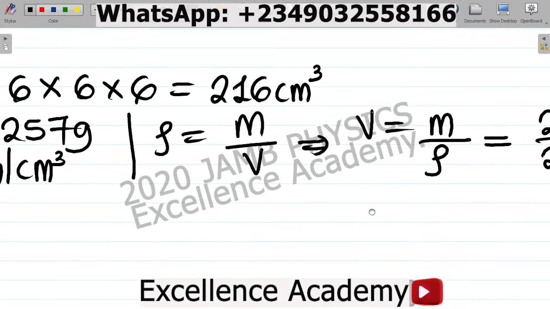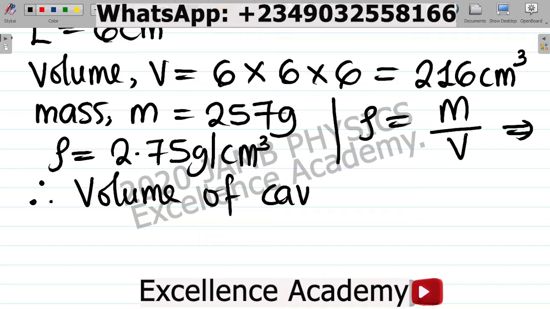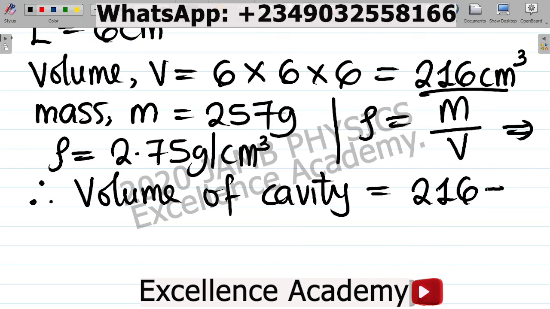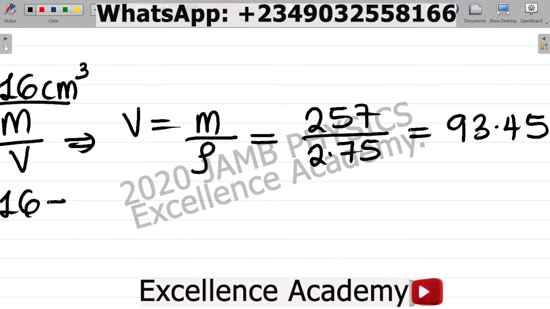All right, so with this we can say, therefore, the volume of the cavity is equal to 216, which is the original volume, minus the one I got from the density and mass, 93.45.